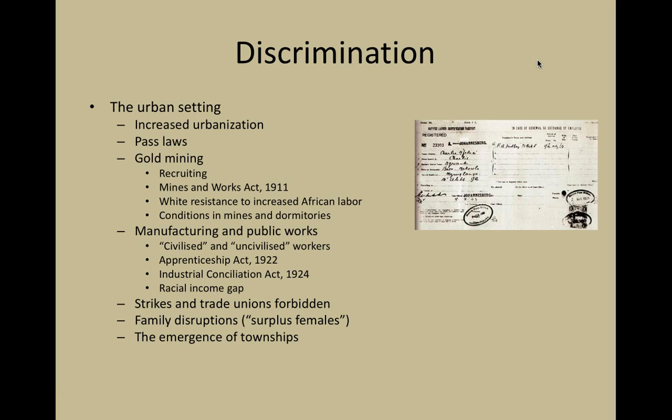By the 1930s, some of these townships had tens of thousands or even hundreds of thousands of people living in them. There was an area just to the southwest of Johannesburg, for instance, kind of surrounded by some of the major mines. It was called Orlando, and that became home to a lot of the blacks who chose to settle there.